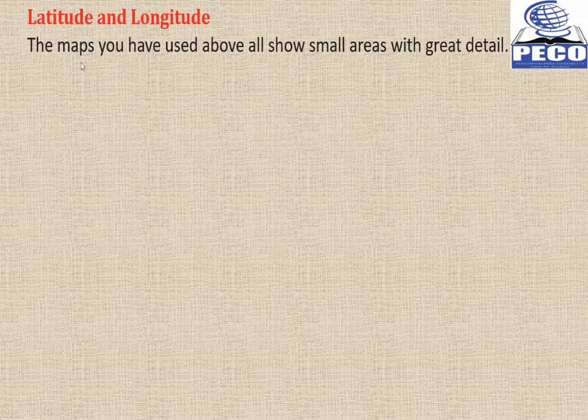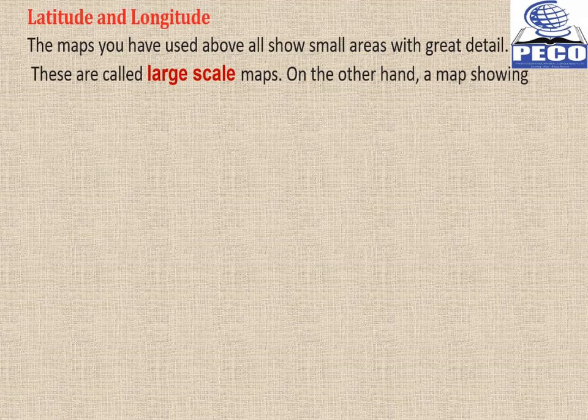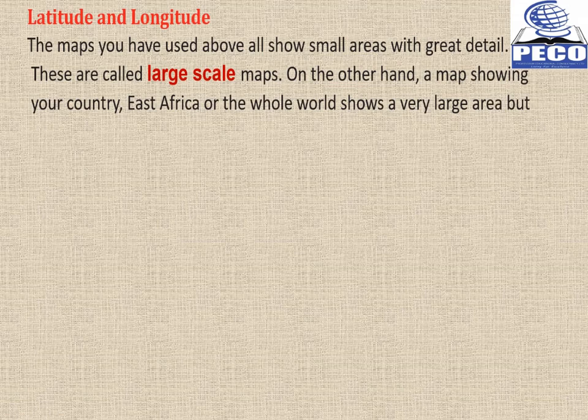So we are saying that the maps you have used above all show small areas with great details. These are called large-scale maps. But we have maps which show large areas like countries, regions like East Africa, or the whole world.